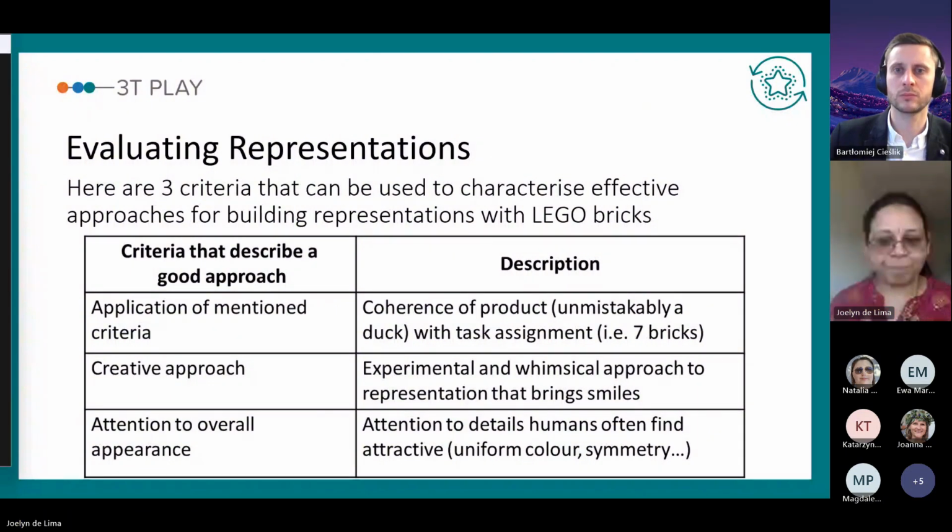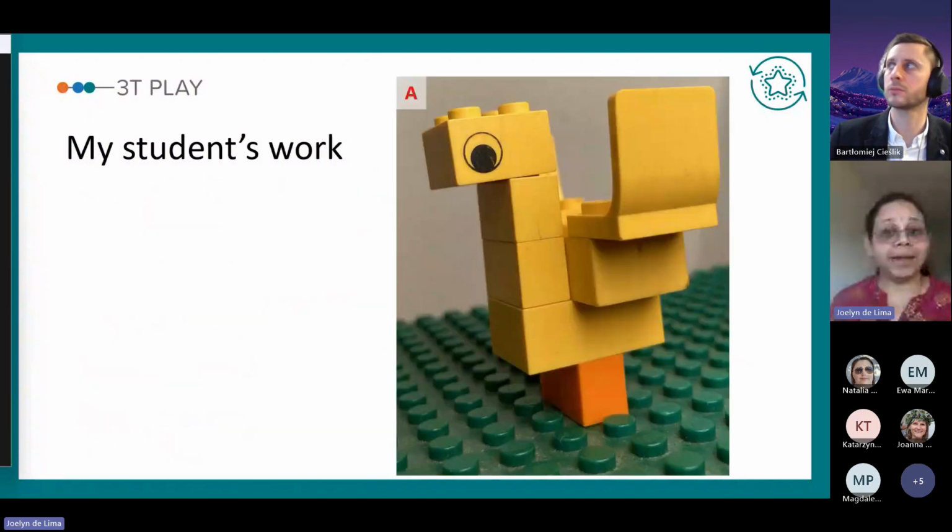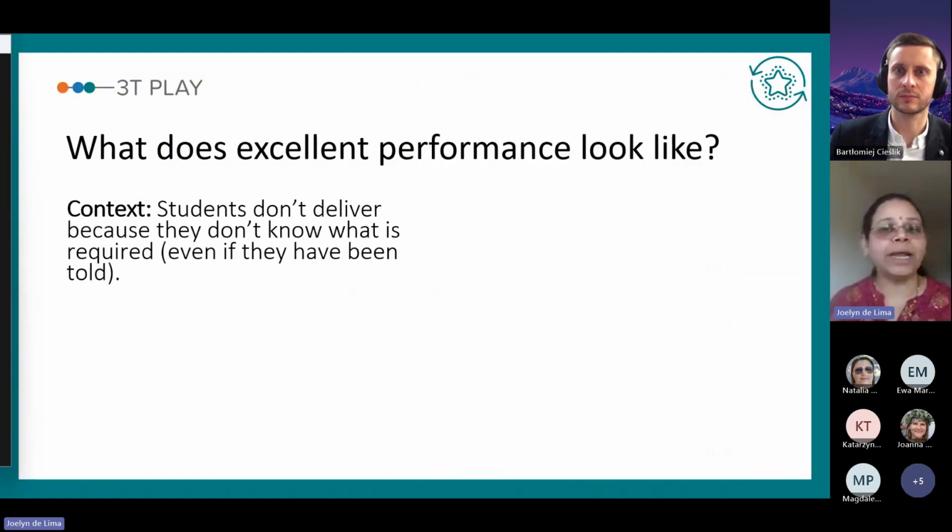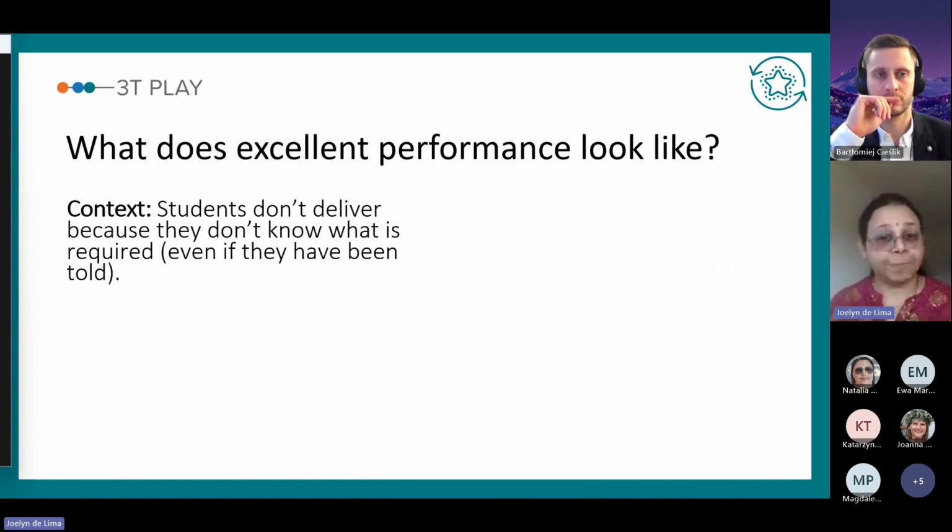Okay, this is a duck that my student built. This is student A. When I'm thinking of giving them feedback on this particular duck, I will first clarify what an excellent performance looks like. Students often don't deliver because they don't know what is required, even though they've been told. You probably said it 5 different times.